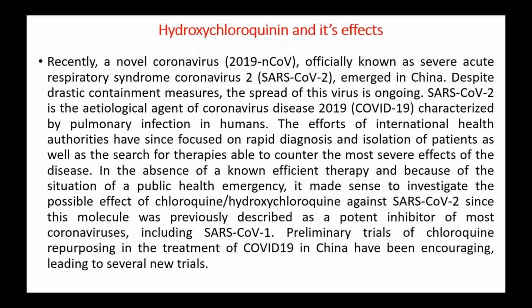In the absence of a known efficient therapy, because of the public health emergency, scientists investigated the possible effect of chloroquine or hydroxychloroquine against SARS-CoV-2, since this molecule was previously described as a potent inhibitor of most coronaviruses. Preliminary trials of chloroquine repurposing in the treatment of COVID-19 in China have been encouraging, leading to several new trials.